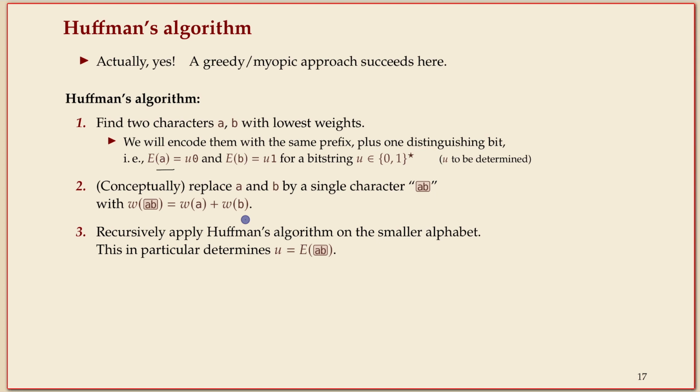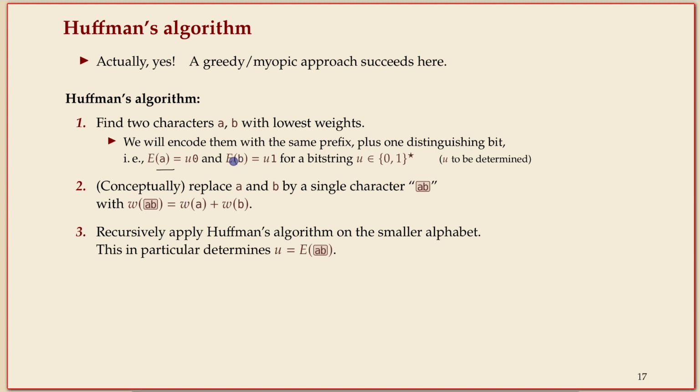The whole idea is just we need a way to get to this u. And the way we'll get there is to say, oh, these two characters share their code word up to this point, and we already decided what happens after it. So we combine them into one character and recurse. So we call the same algorithm on the remaining characters, but we have made the problem one smaller, right?